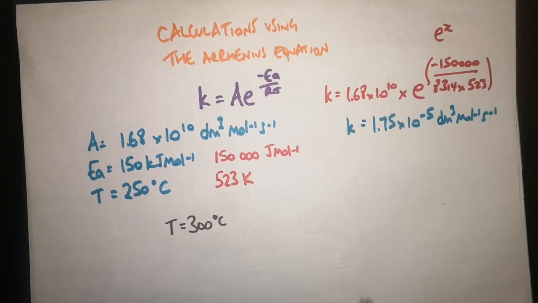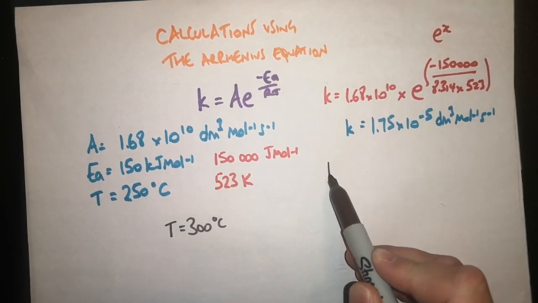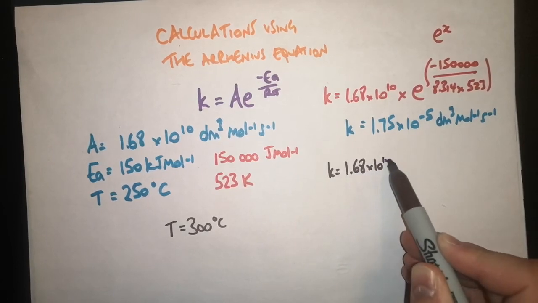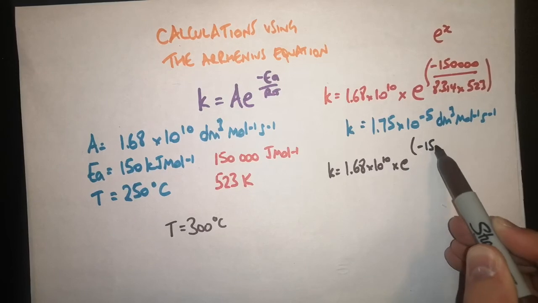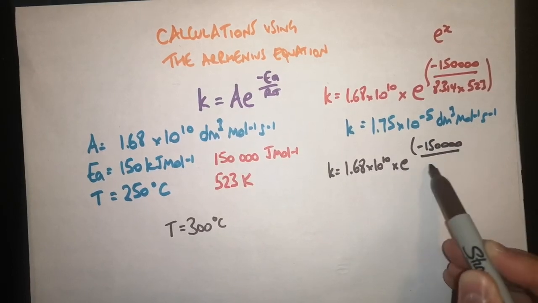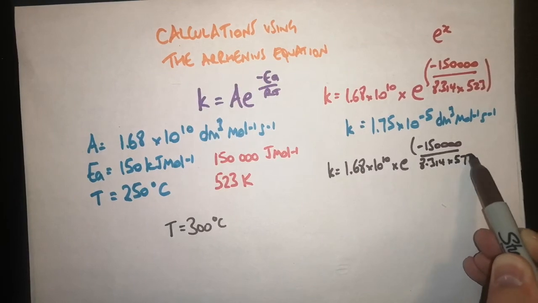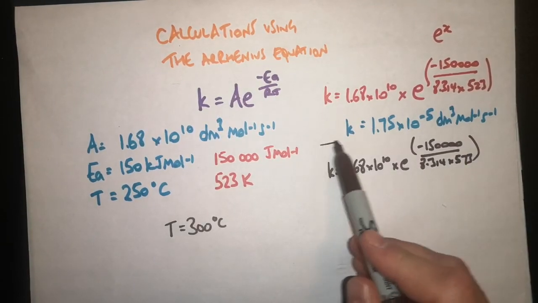Okay, so the calculation should broadly be the same, in that k equals 1.68 times 10 to the 10 multiplied by e to the power of minus 150,000 over 8.314 times 573. I'll just separate that with a line.